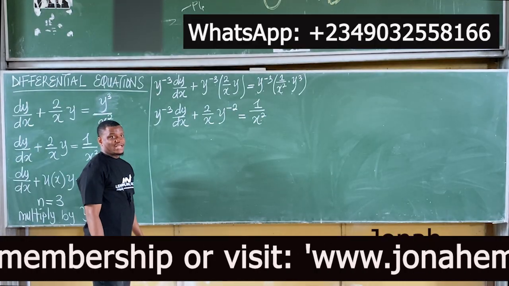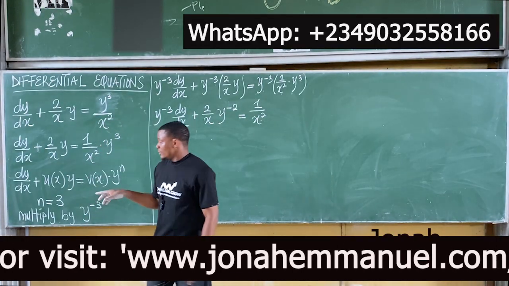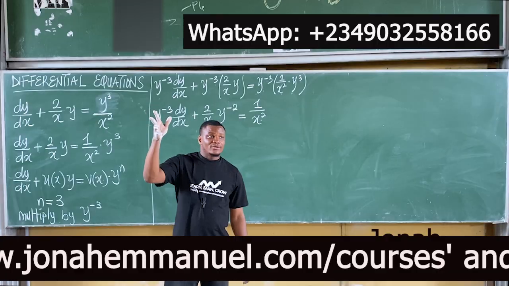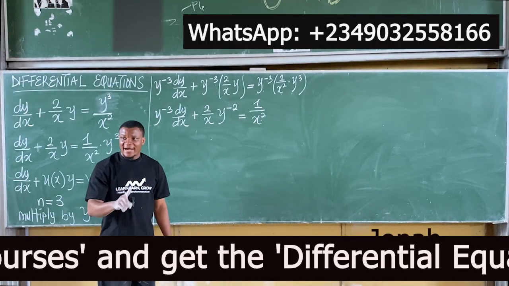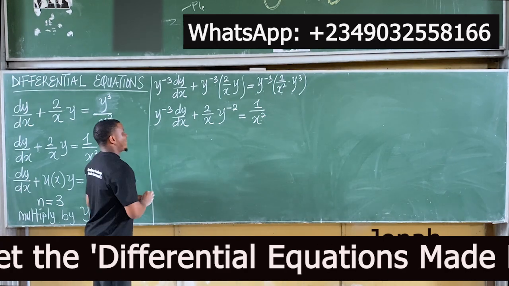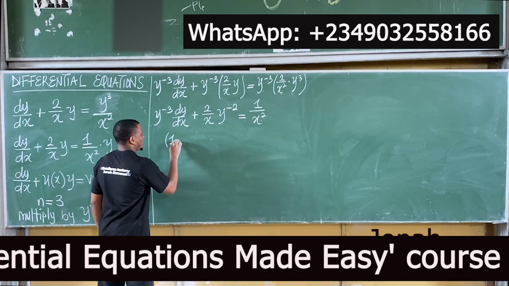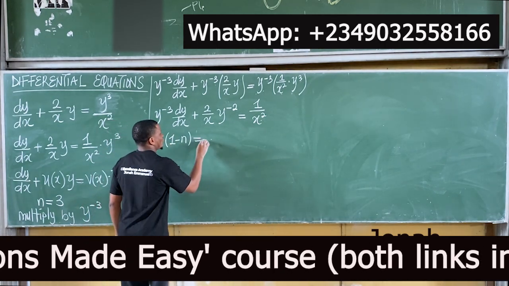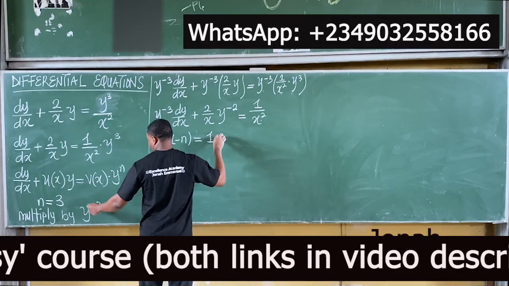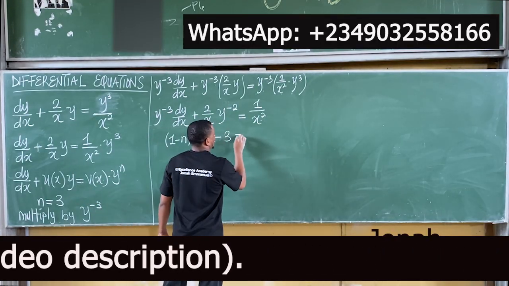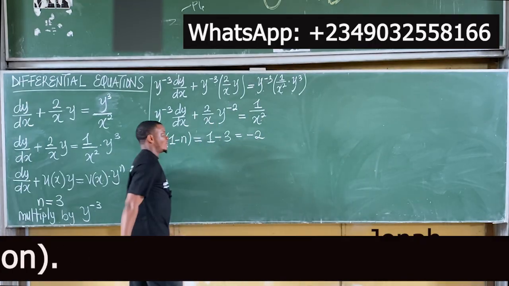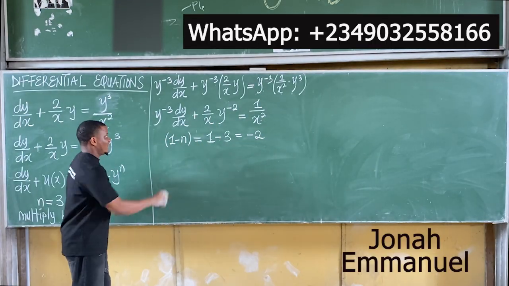What's the next step again? Is it step 2 or 3 now? Step 2 was to multiply through by 1 minus n. So let's get 1 minus n. 1 minus n is simply equal to 1 minus, what's n? 3. So 1 minus 3 gives you what there? Minus 2. Multiply through by minus 2. What do you have there? Attach it here.